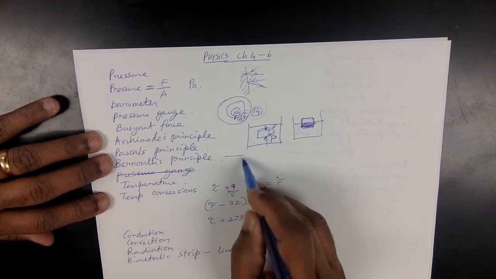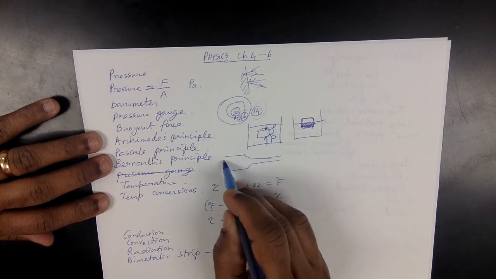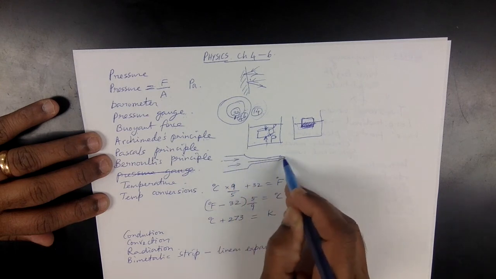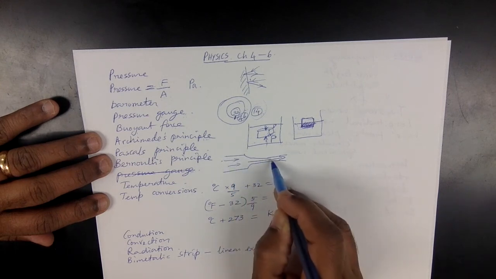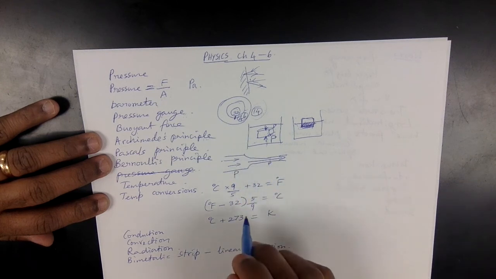Okay, so if you have a tube that goes like this, narrowing down, here the fluid is going to go slow, and here it's going to go fast. So wherever it's going fast, the pressure is small. Wherever it's going slow, the pressure is bigger.